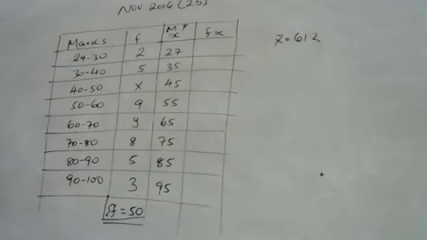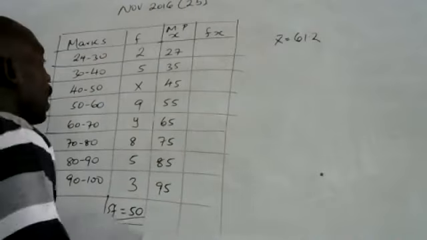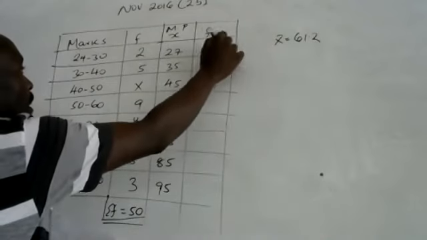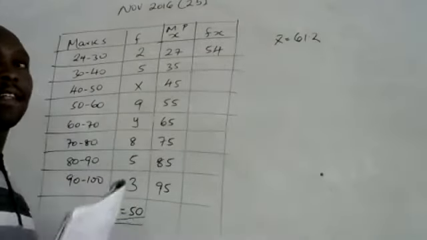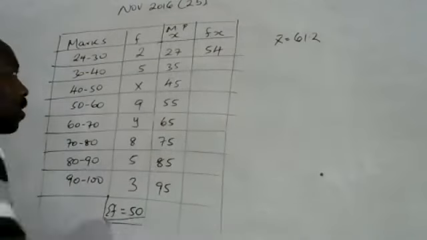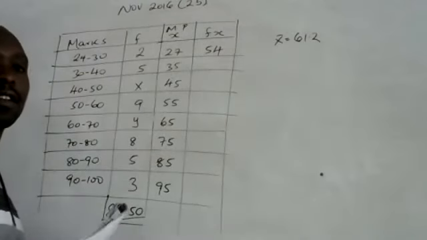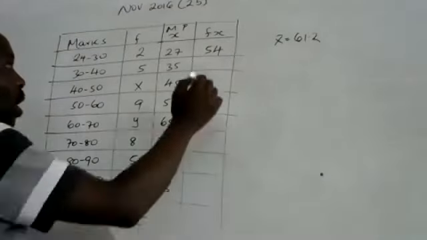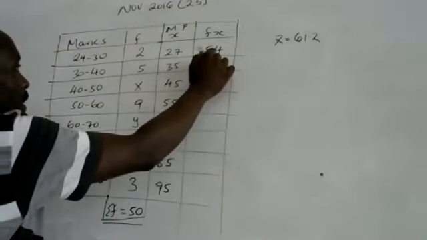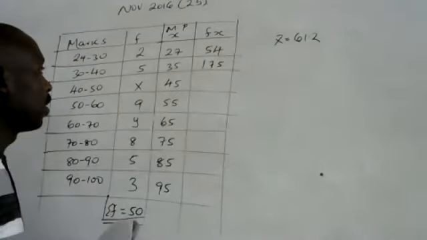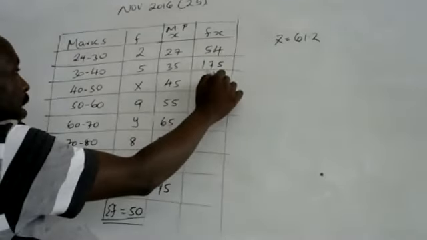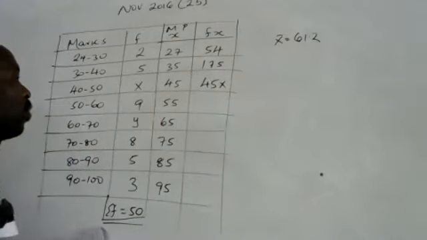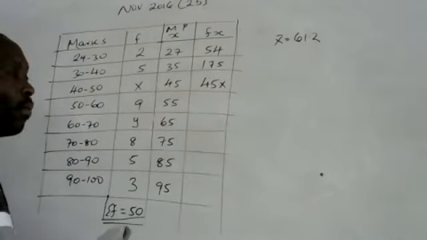What about the fx? 54. 175. This one is 45x, because we don't know x. 495.